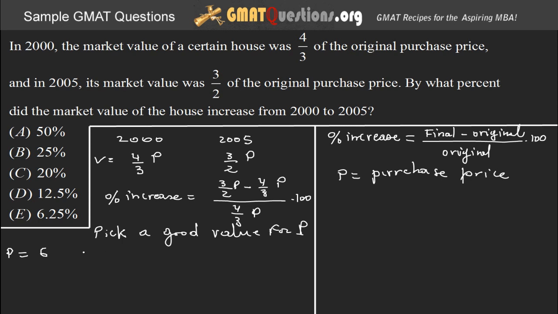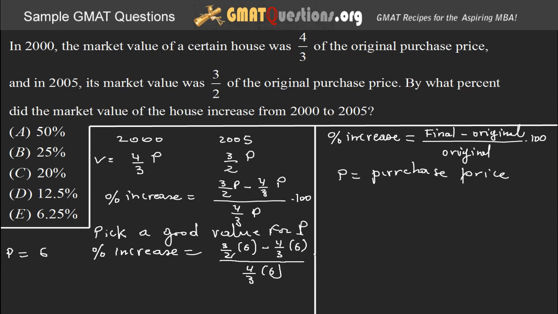And then this gives us that the percentage increase is going to be equal to 3/2 of 6 minus 4/3 of 6, divided by 4/3 of 6, times 100. For now, I'm going to leave the 100. At the end, I'll just put the 100.